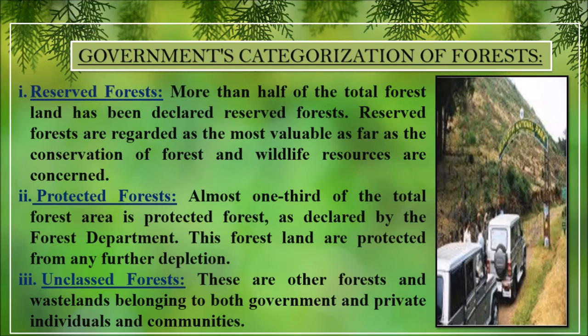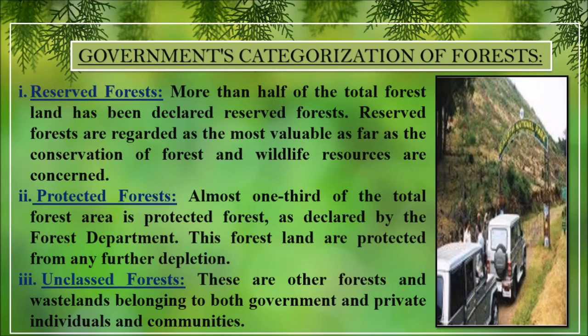So children, if we look into this directly, in Madhya Pradesh, 75% of forests are there under permanent forest estates. And Bihar, Haryana, Punjab, Himachal Pradesh, Orissa and Rajasthan have more protected forests in those areas.